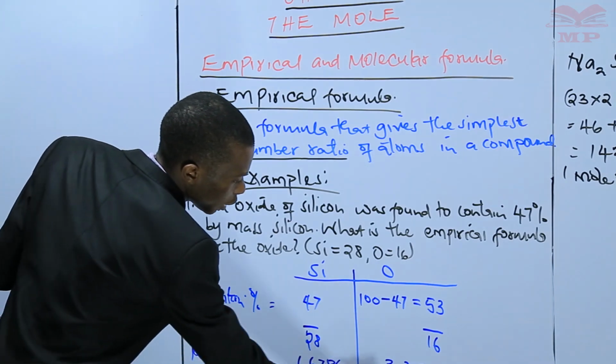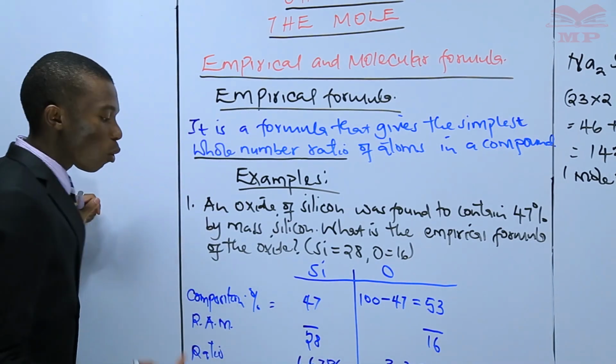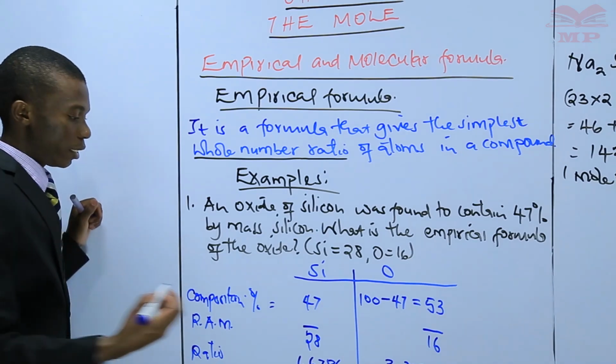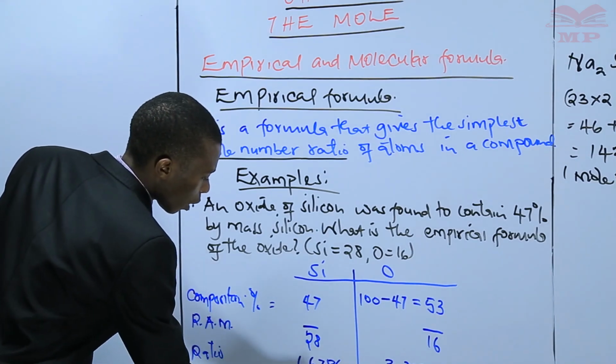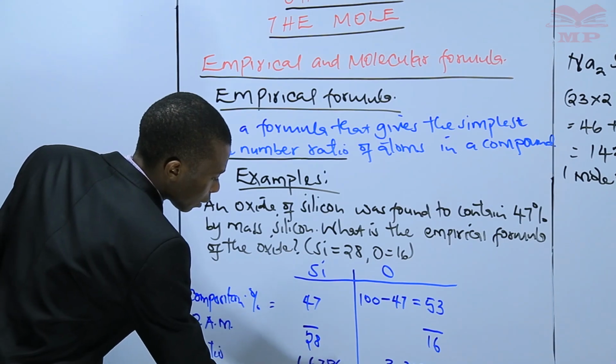The smallest between these two is 1.6786. Therefore, this is divided by 1.6786.